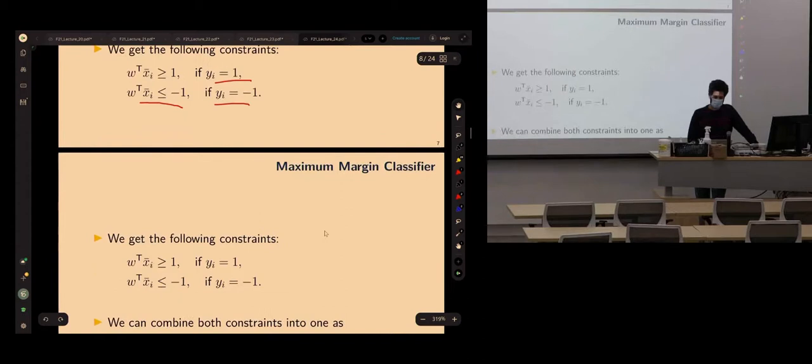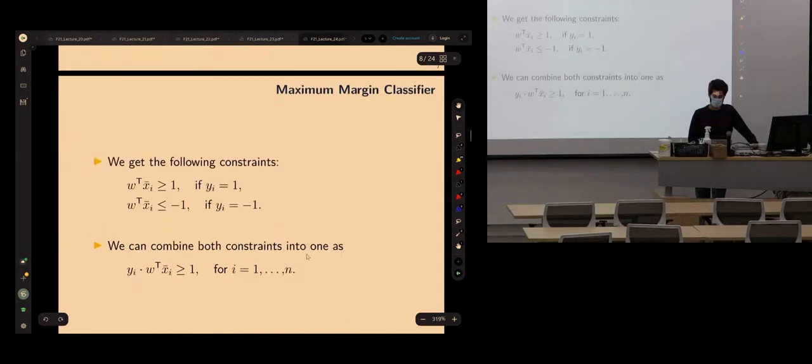We can just multiply y by w transpose x bar i, and that would combine both constraints into 1. Because whenever y is negative, it will change the direction of the inequality, and then we'll multiply the other side.